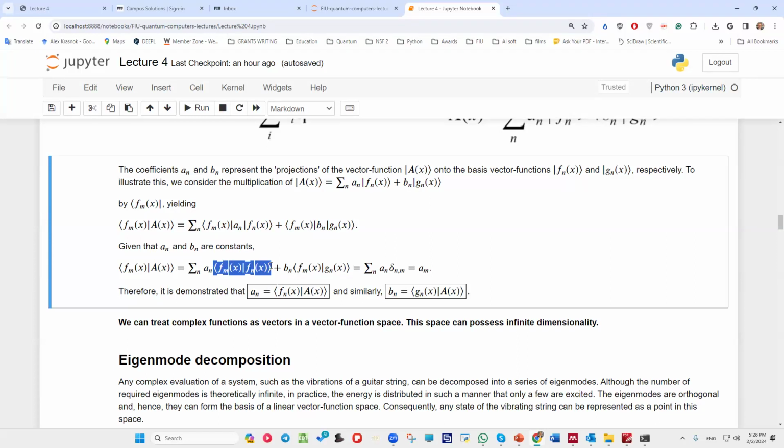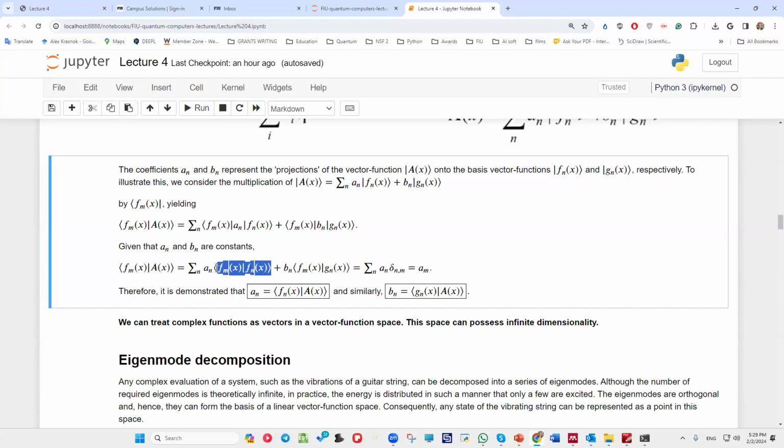So I have this first term, the product of fm(x) times fn(x), and here fm(x) times gn(x). This one is always zero, because the product of any cosine by any sine function is equal to zero.